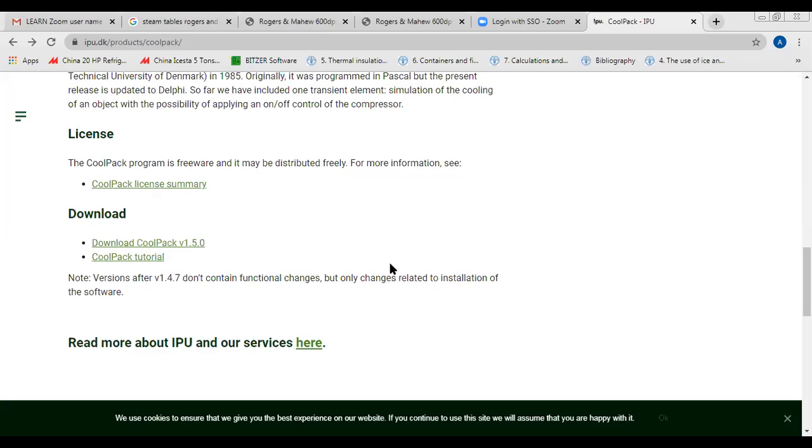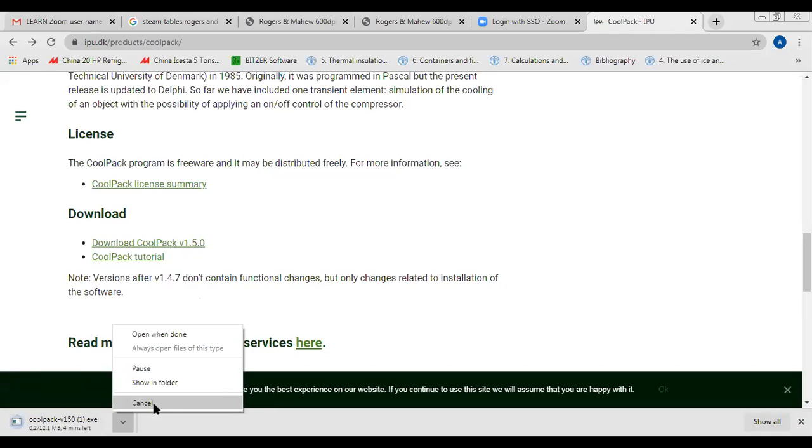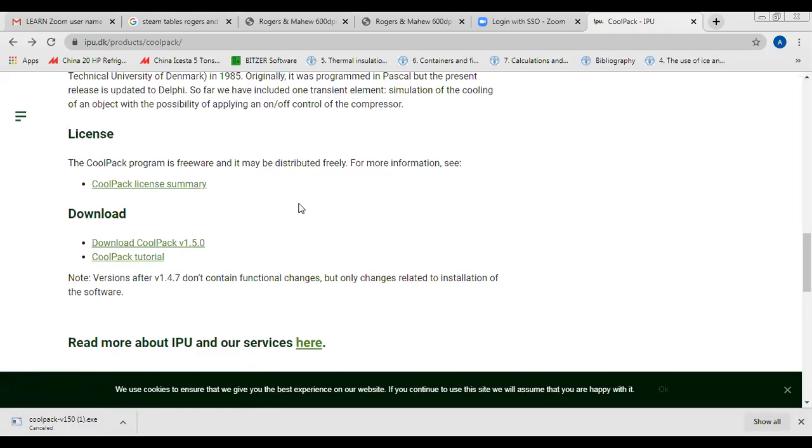I have been using this since 2002, when we need the data, the properties of the liquid, vapor, and the two-phase. This is wonderful. And frequently they do the updates. So you go for the download, you click this, and it starts downloading immediately.